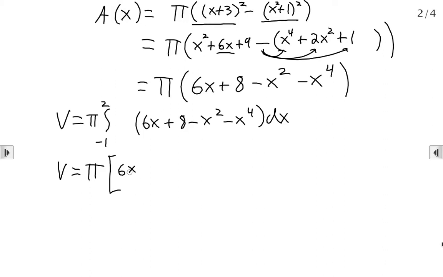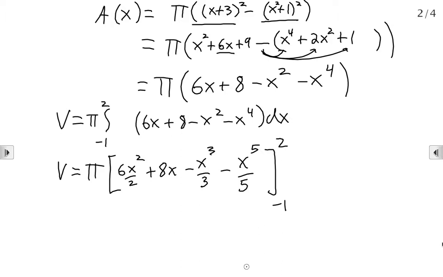So 6x squared over 2 plus 8x minus x cubed over 3 minus x to the 5th over 5. We have our values of A and we have our values of B. At this point, we simply want to find g of B minus g of A and multiply the final result by pi.